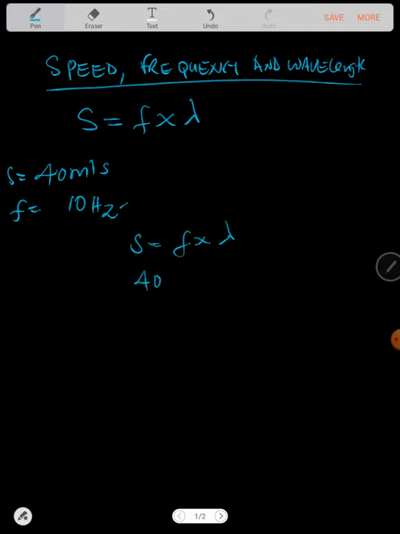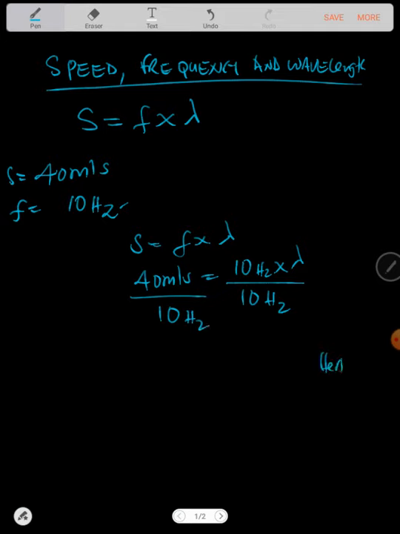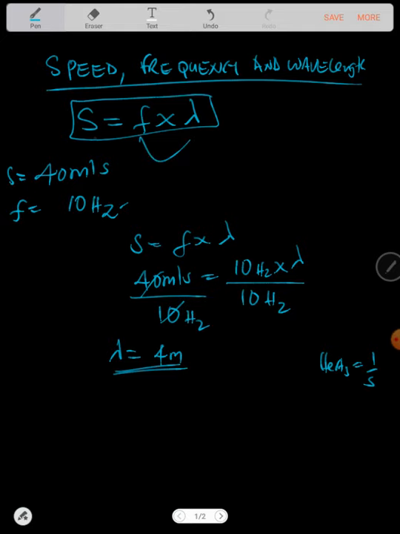So 40 meters per second is equal to 10 hertz times wavelength. So I divide by 10 hertz on both sides. You must know that a hertz is just equal to 1 over second. Therefore, we cancel. So we have wavelength as 4 meters. Remember, wavelength is just distance. So you can play around with this formula to find frequency or to find the speed.